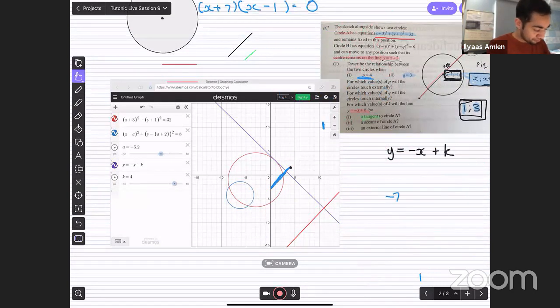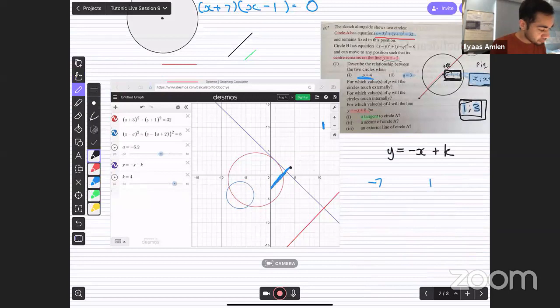So if the x value is 1, what is the y value? 3. And the x value is -7, the y value is -5. And if the gradient is -1, how can you work out y equals mx plus c? It's minus x plus c.